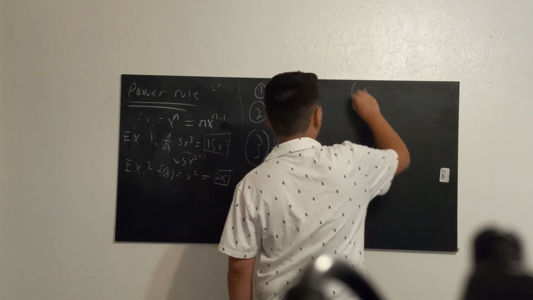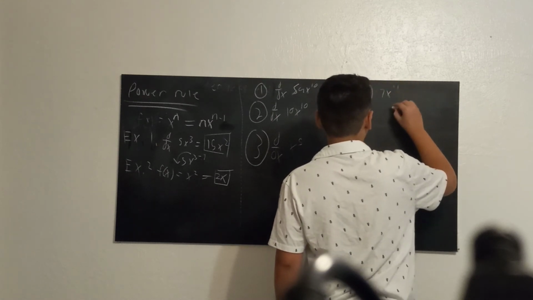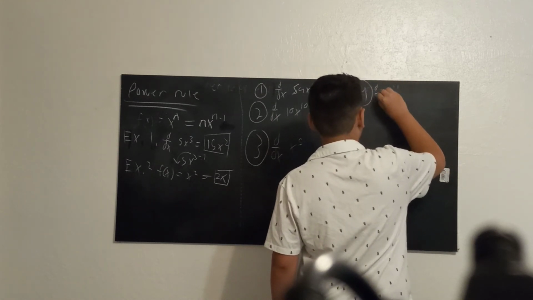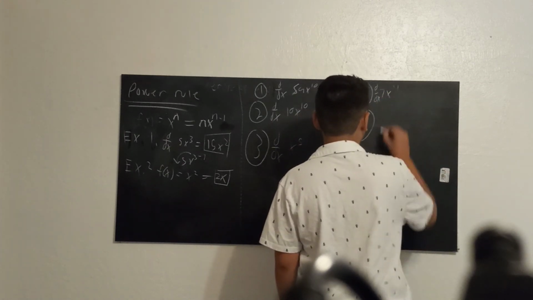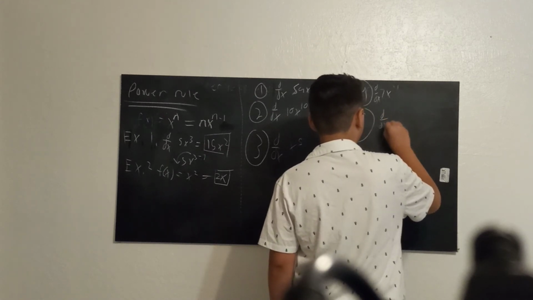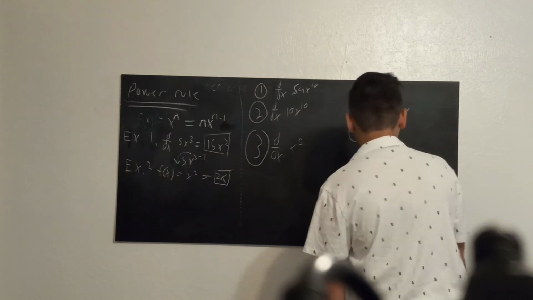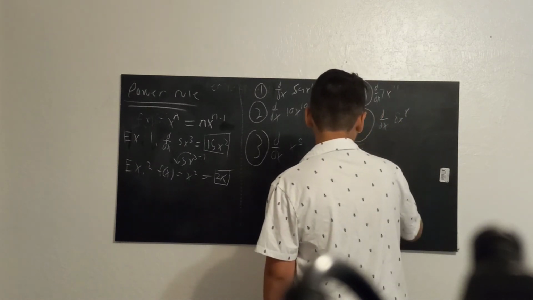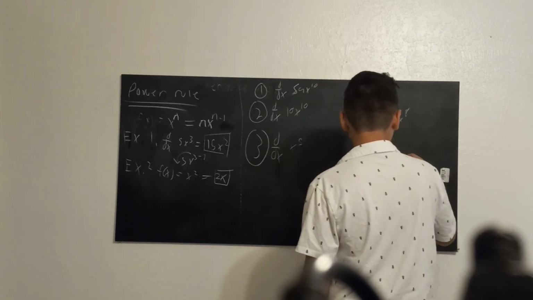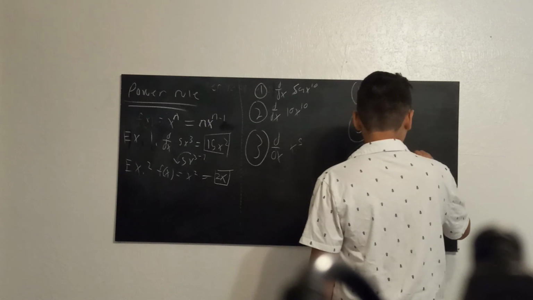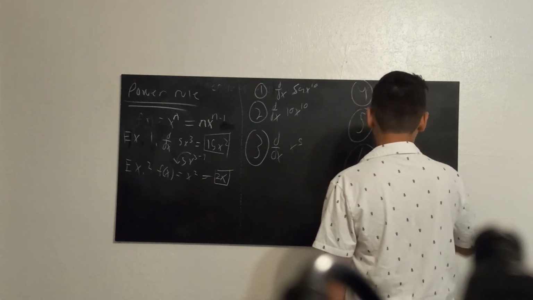Number 4, d/dx of 7x to the 11th power. Number 5, we have d/dx of 8x to the 8th power. And for the last one, we're just going to be doing d/dx of 10ax to the 3rd power.